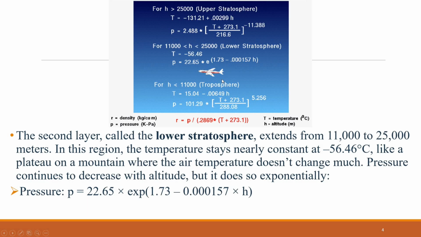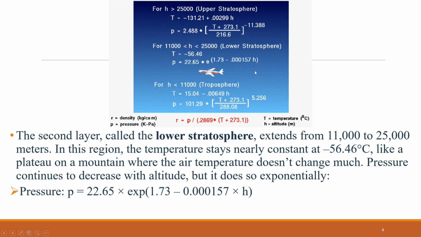Pressure continues to decrease with altitude, following an exponential decay, and can be calculated as 22.65 kilopascals multiplied by the exponential of the number 1.73 minus 0.00157 times the height in meters.